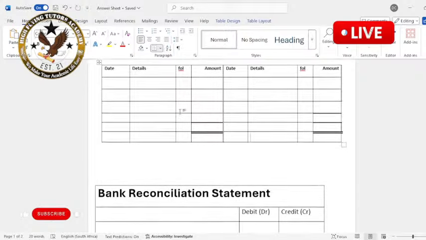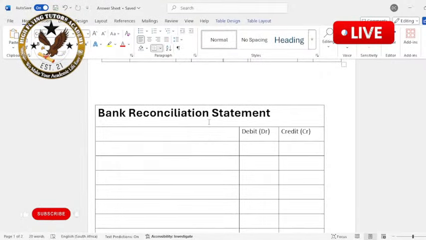When we go to our bank reconciliation statement format, our debit side is the unfavorable side, and the favorable side of the bank reconciliation statement is the credit side. I'm going to repeat: the debit side of the bank reconciliation statement is the unfavorable side, and the credit side of the bank reconciliation statement is the favorable side. Just make a note of that.